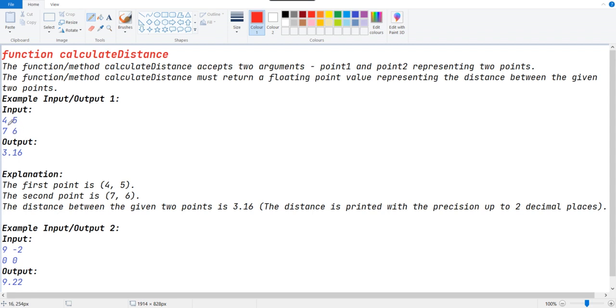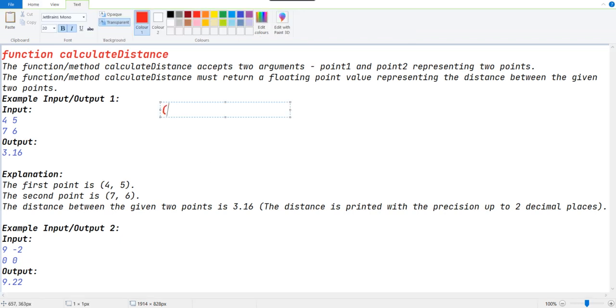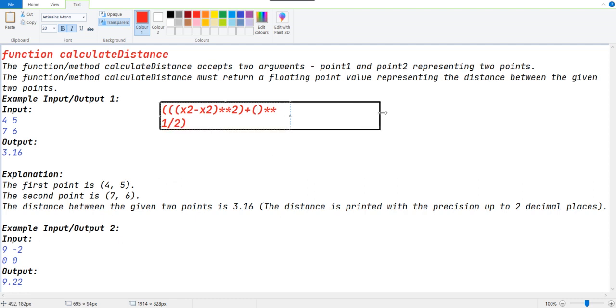Here are the points they have given, x1 and y1, x2 and y2. The formula for calculating distance is the root of x2 minus x1 the whole square plus y2 minus y1 the whole square.